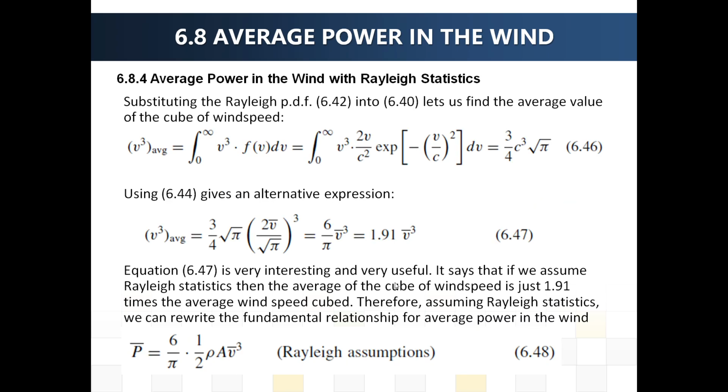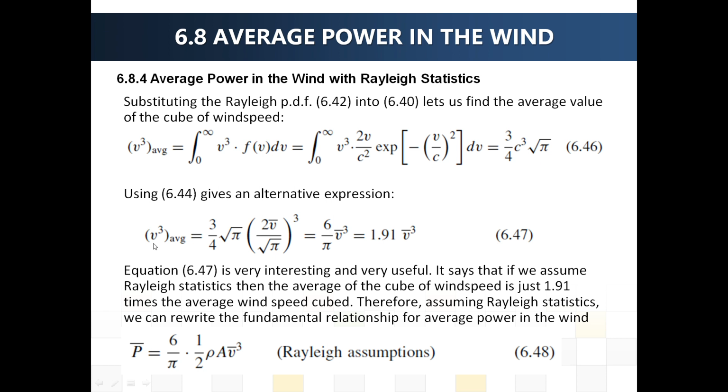Section 6.8.4, average power in the wind with Rayleigh statistics. Substituting the Rayleigh PDF using equation 6.42 into equation 6.40, we can find that the average value of the cube of wind speed is equal to 3/4 c cubed divided by the square root of pi.